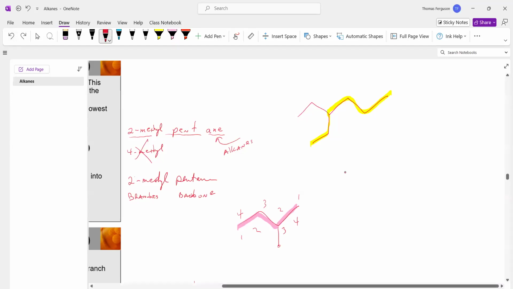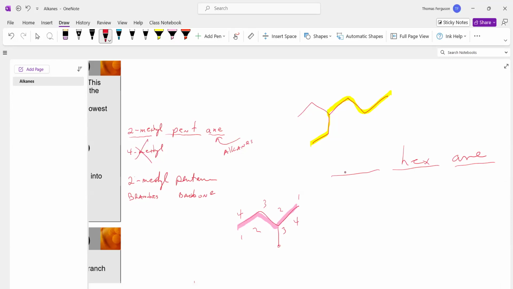All right, so remember we have 3 names. And we're working with an alkane, so that's ANE. Okay, 6 is hex, so that's going to be a hexane. All right, and we do have a branch.